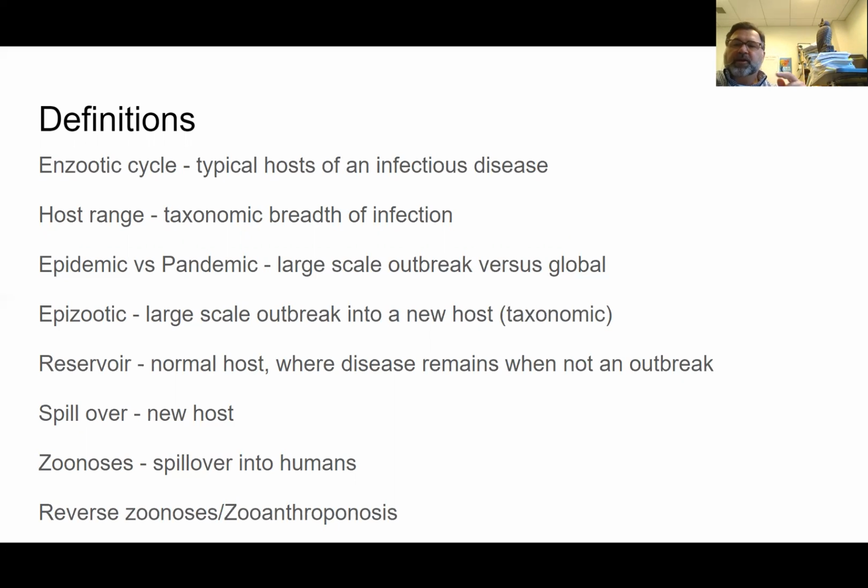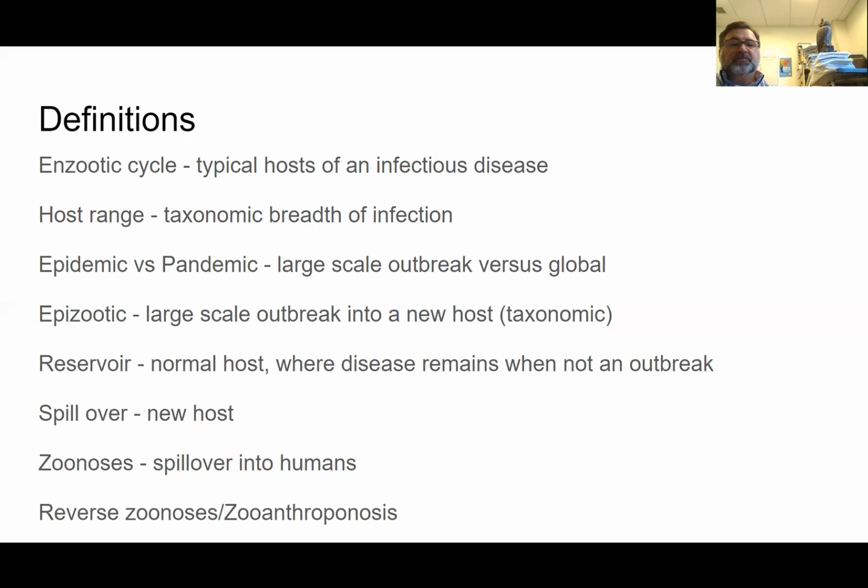So the enzootic cycle would be a mosquito has West Nile, it bites a bird, the bird now has West Nile, other mosquitoes bite that bird, they now have West Nile, they can go on and bite other birds, and the cycle just continues. So that's the enzootic cycle.